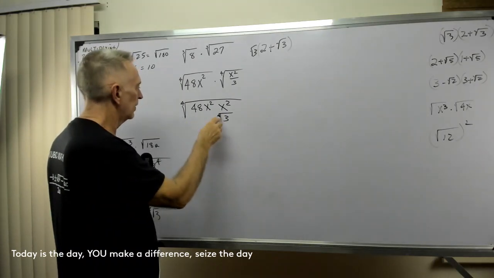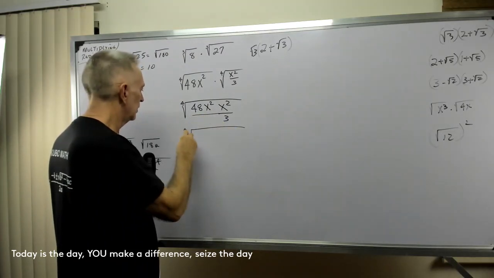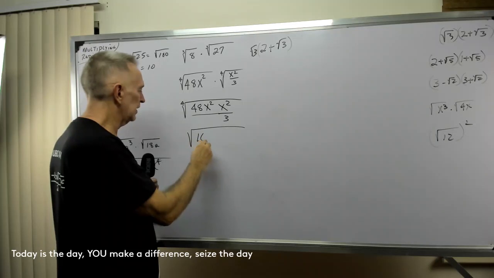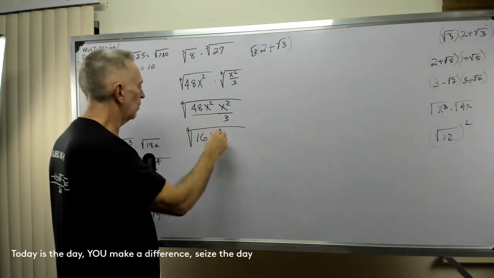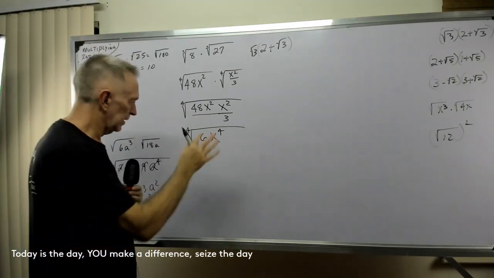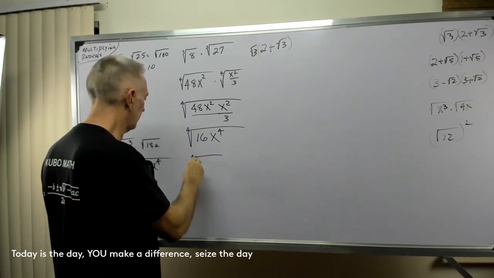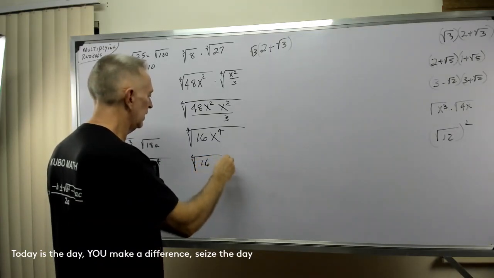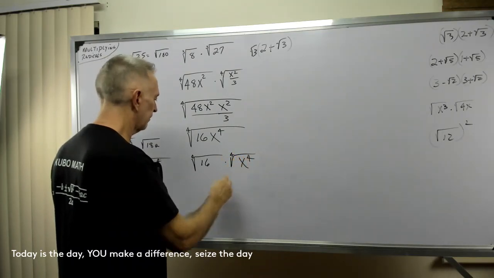Well, now I've got this 48 over 3. So 48 divided by 3 is 16. That's still to the fourth root, x to the fourth. Keep in mind I could break this back apart and say that I've got the fourth root of 16 times the fourth root of x to the fourth.